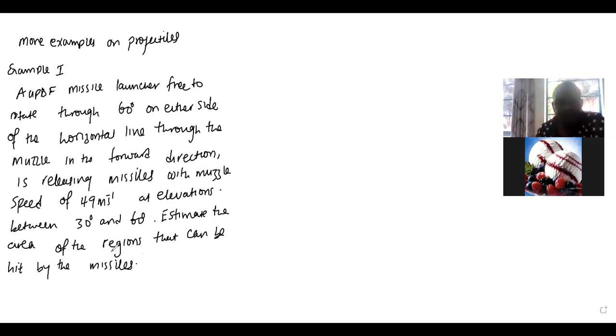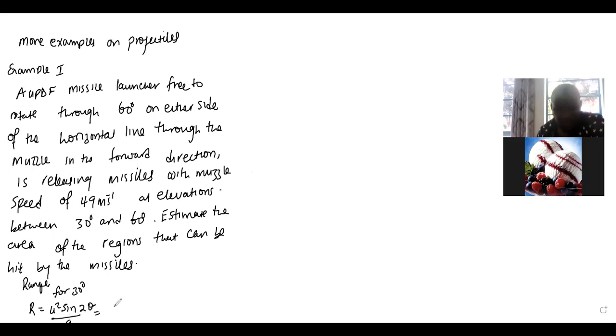Now, we have two categories here. One is when we project with an angle of 30, the other is when we project with an angle of 60. For the range at 30 degrees, R is equal to U squared sine 2 theta over g.